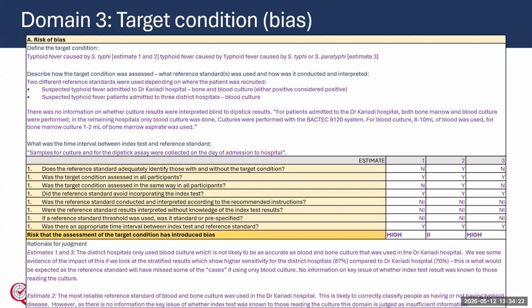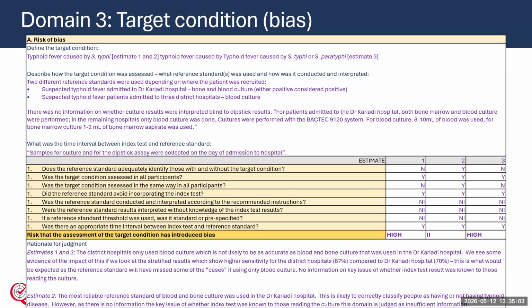So we've got suspected typhoid, the Dr. Cariadi Hospital, where they've got the more reliable bone and blood culture, with either positive being considered as a positive, or the district hospitals where we've just got the blood culture. And we haven't got any information on whether culture results were interpreted blind to dipstick test results. There's not a lot of detail on how the culture was done. And we also have a little bit of information on the time interval between index test and reference standard. Samples for culture for the dipstick assay were collected on the day of admission to hospital, and we assume that's probably the same point at which the dipstick test was done.